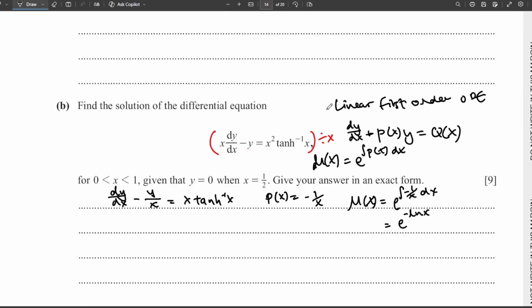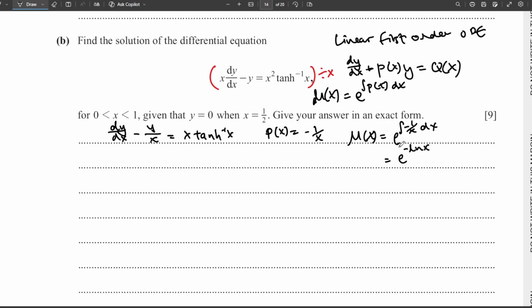I'm not so sure why, but we will deal with the arbitrary constant after we finish the whole integration. In this case, we can reduce this to 1 over x, right? The negative ln x, I take the negative to the power of x, and the e and the natural log cancel out each other. So, okay, that's our integrating factor.